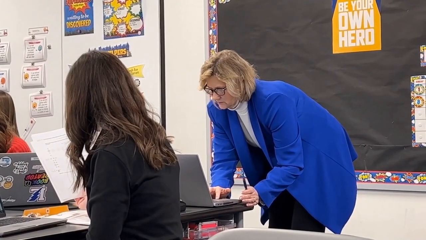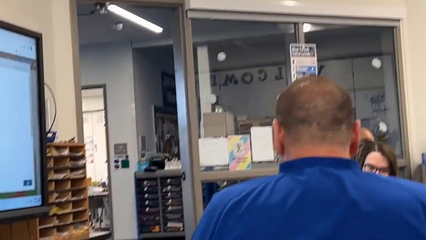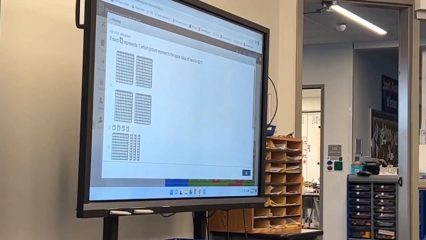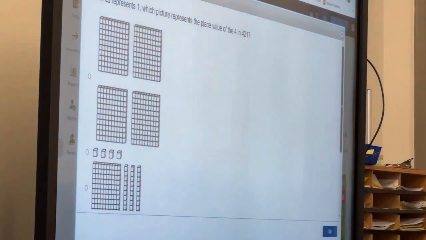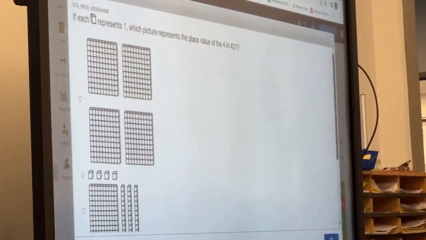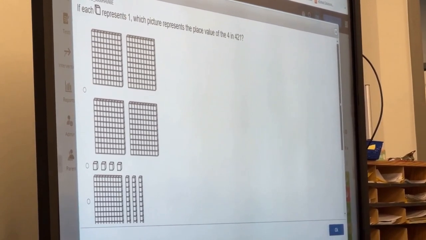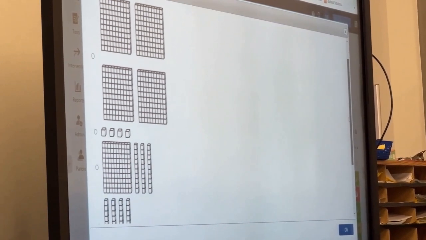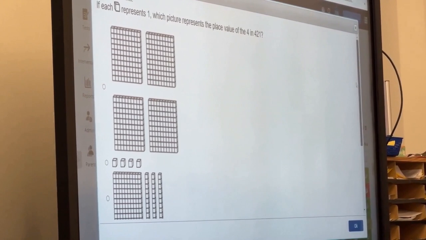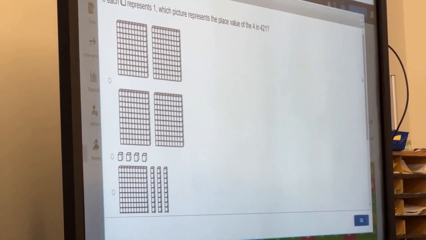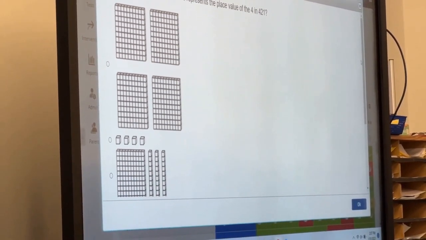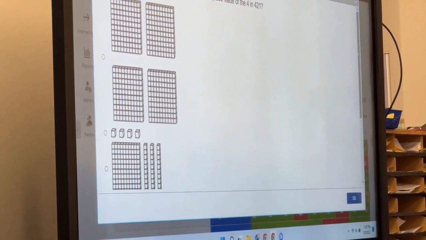Question 11. Oh, yes. The blocks. And I know you even have manipulatives that you probably bring out and use with students.